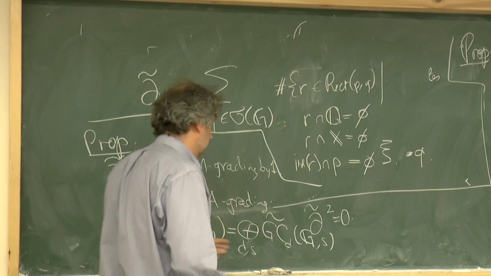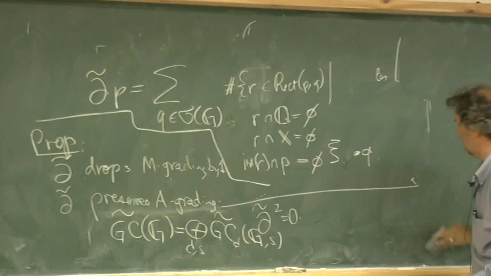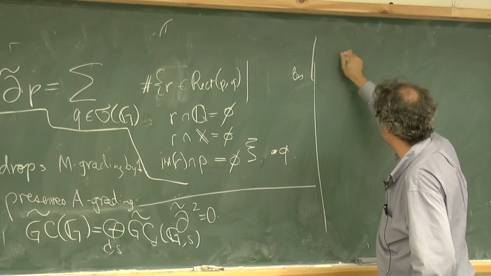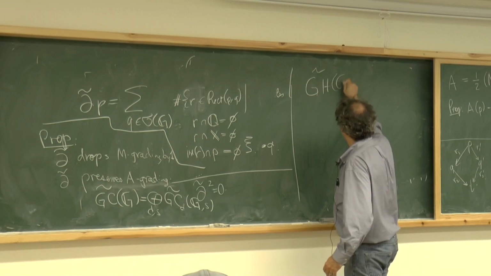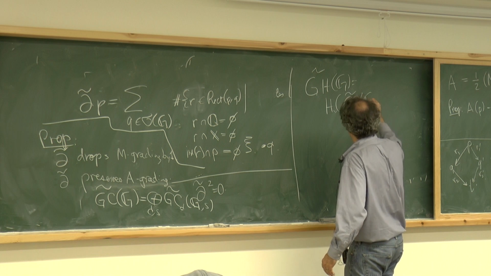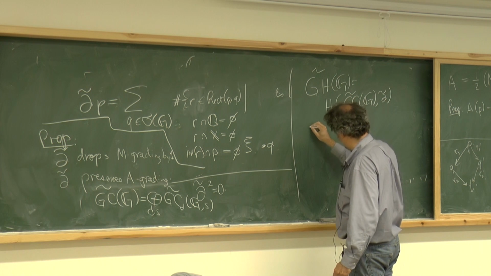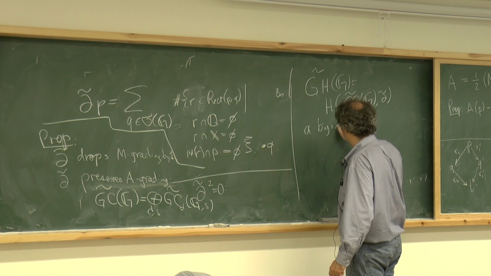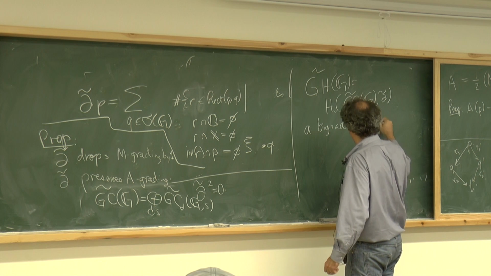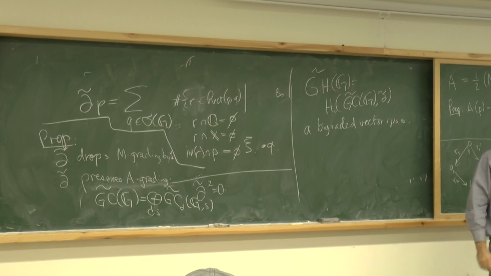So, okay, good. The thing is that when we take the homology of this chain complex with respect to this boundary operator, this is a bigraded vector space. So the Alexander and the Maslov gradings descend to this homology.